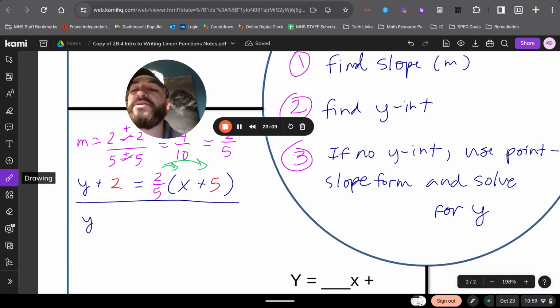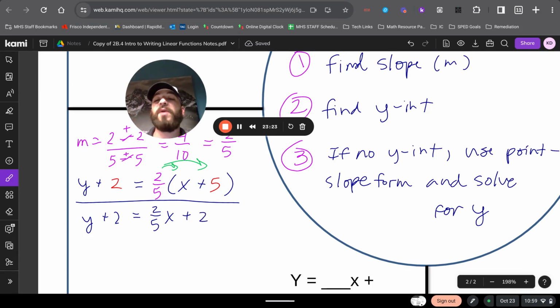So y plus 2 equals 2/5 x. And then 2/5 times +5, that 5 and divide by 5 are going to cancel out and leave us with just 2. And of course, y'all, if you're ever uncomfortable with that multiplying of the fraction by our x1 value inside the parentheses, you can always use that calculator to do that calculation for you.